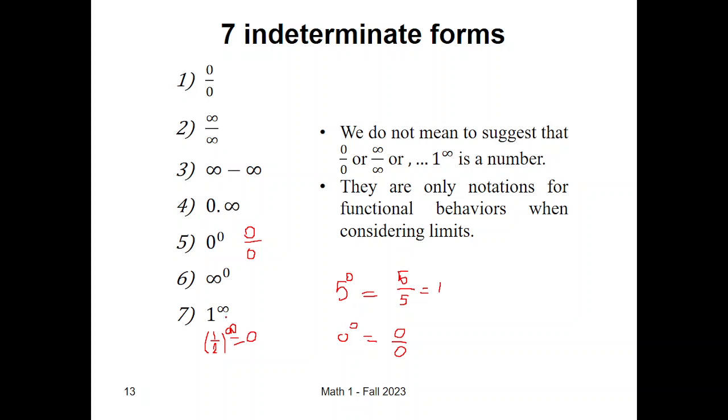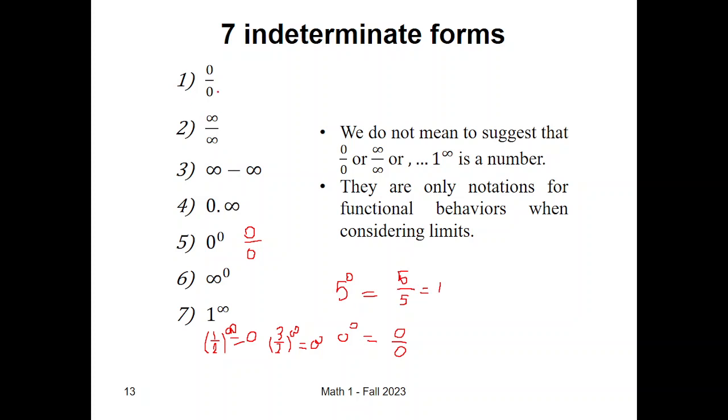But if it is a number greater than 1, for example, 3 over 2, power infinity, the result will be infinity. So 1 power infinity is an indeterminate form. It depends on which arrives first, whether the function here approaches 1 first or the exponent approaches infinity first. So these are the 7 indeterminate forms.